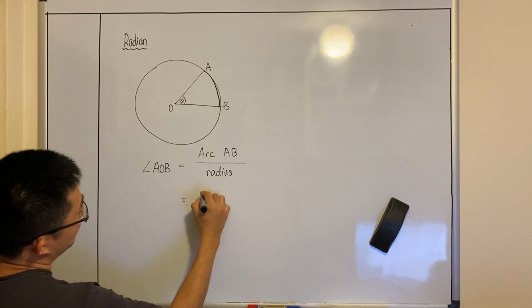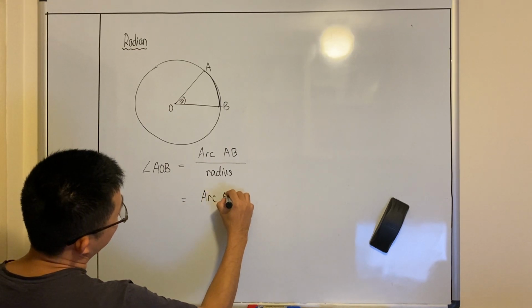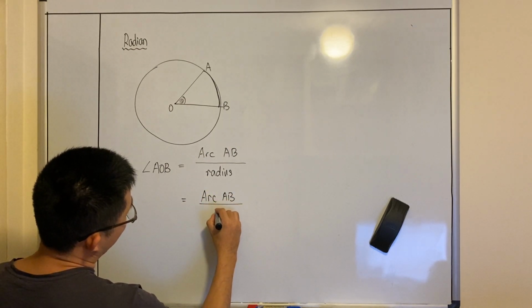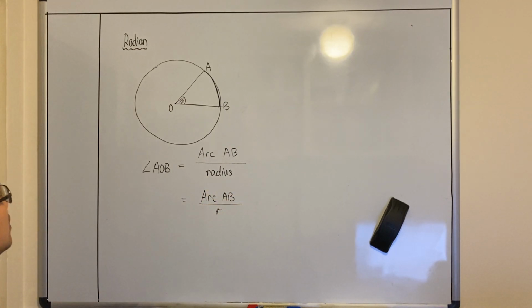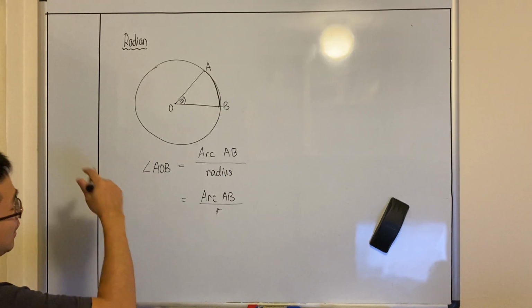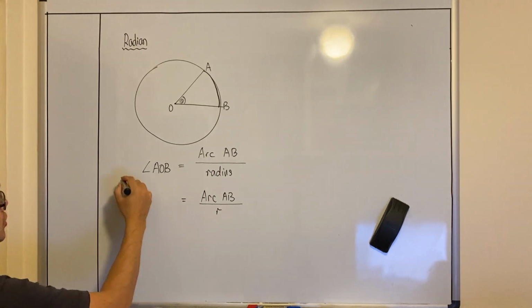So it's actually equal to arc AB divided by the radius r. And that's the size of AOB. All right, so that's the angle AOB in radian measure.